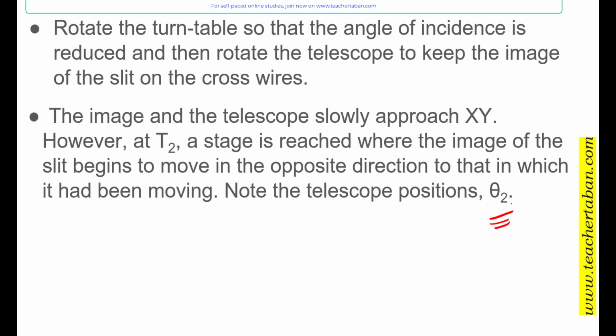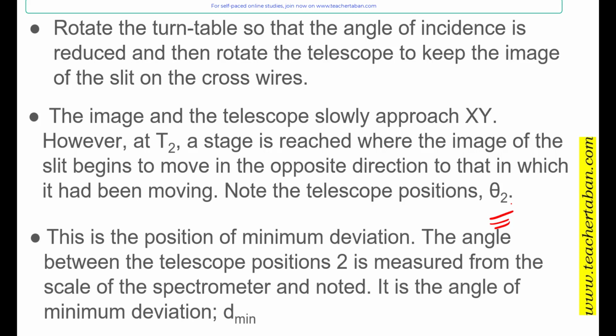This position will give the minimum deviation, and the angle of the telescope position T2 is measured from the scale of the spectrometer and is noted. This is the angle of minimum deviation. So that is how we get the angle of minimum deviation.